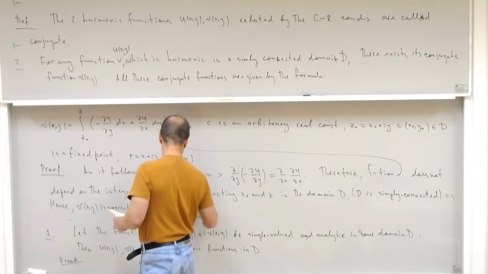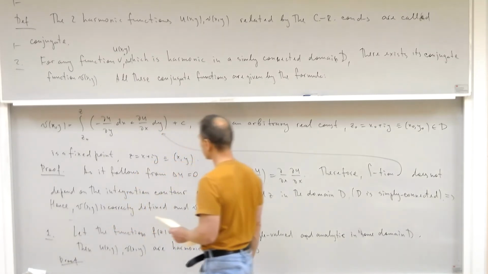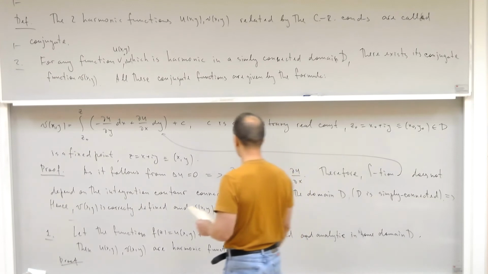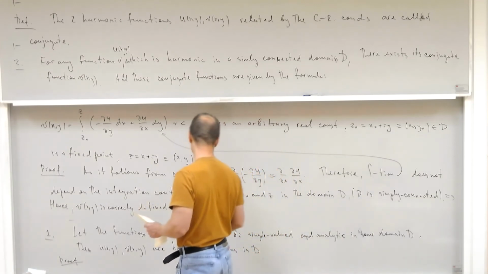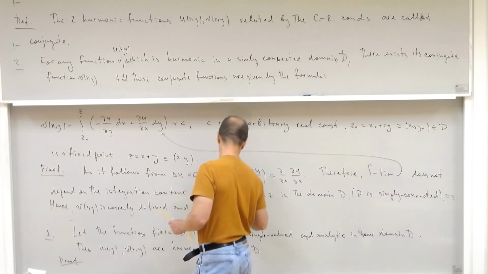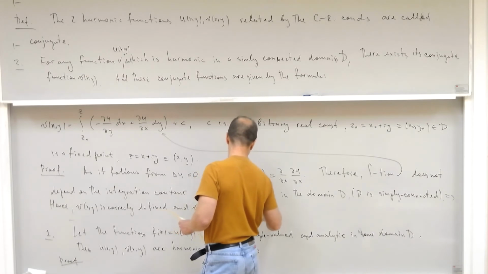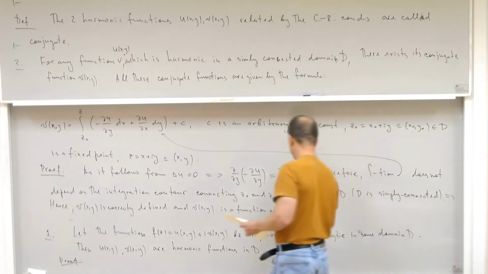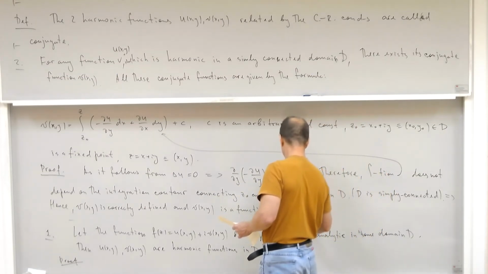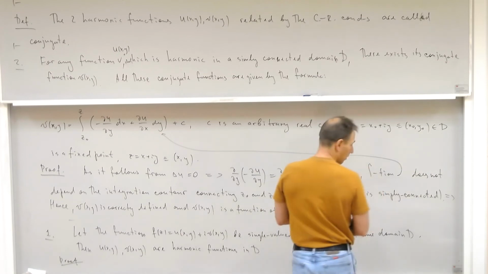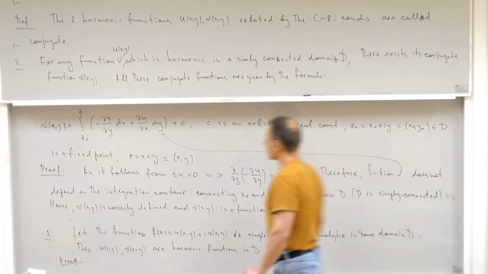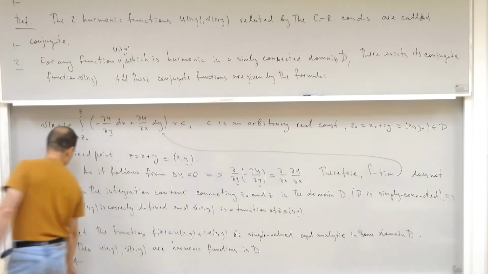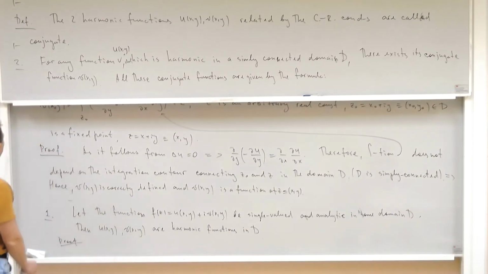Hence this formula for v is correctly defined, and v of x and y is a function that doesn't depend on the integration contour.